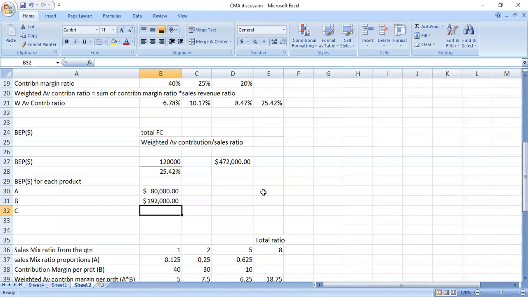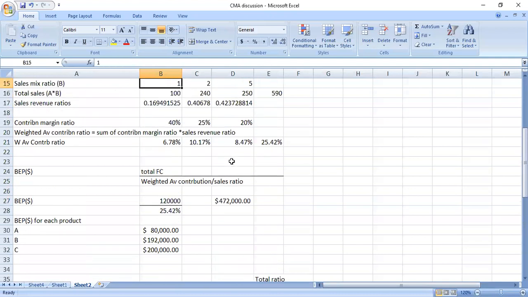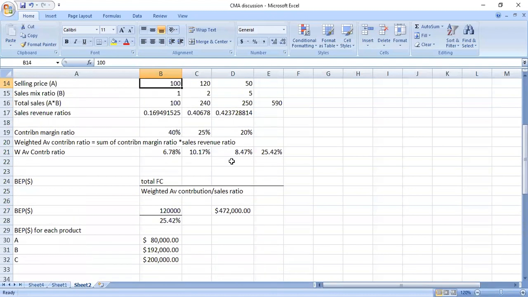You do the same for C: $472,000 times 250 divided by 590. Okay, that's the break-even point in dollars for each product.